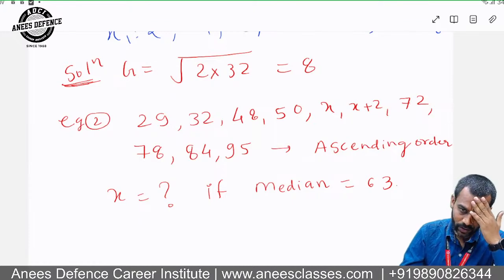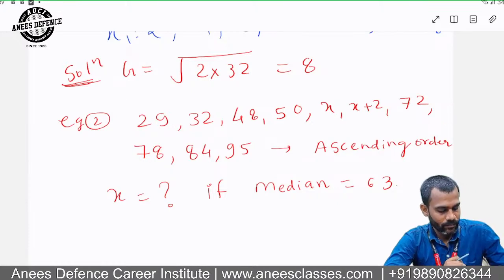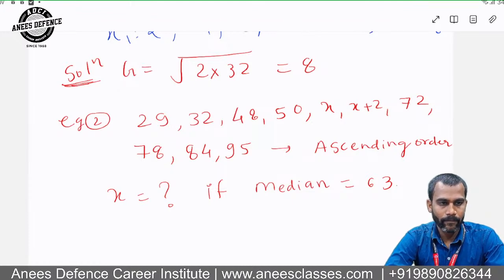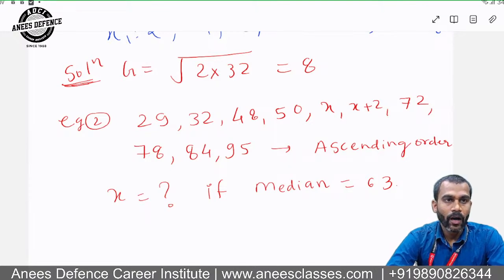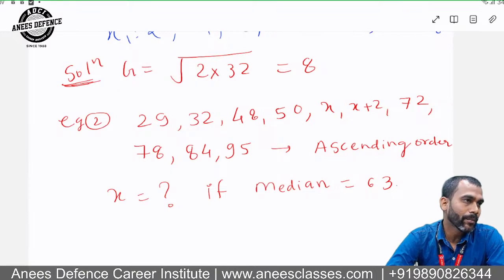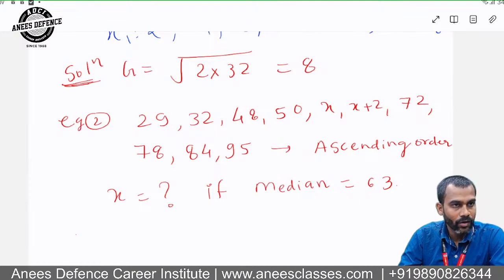Yes, online students, tell me what is the answer. How many numbers are there? How many observations are there? 4 plus 2, 6 plus 4, 10. Even number. Yes or no? So all the observations are already in ascending order, so we don't have to arrange them. So what we have to do?